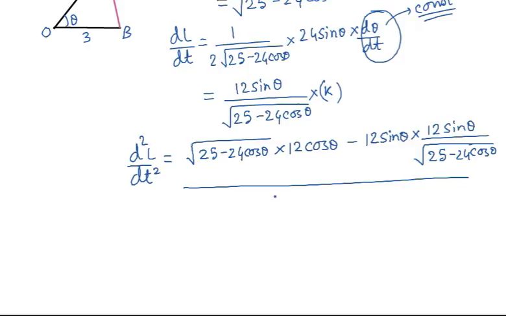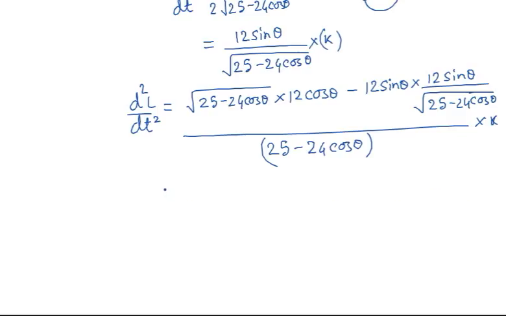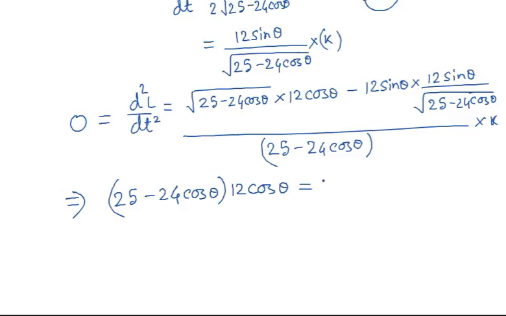Using the quotient rule, the denominator comes out to be 25 minus 24 cos theta, and this whole thing is multiplied with a constant k. Now dL/dt will be maximum when d2L/dt2 is equal to 0, so we should equate this to 0 to get an equation: 25 minus 24 cos theta into 12 cos theta, which is the numerator, should be equal to 12 into 12 sin square theta.